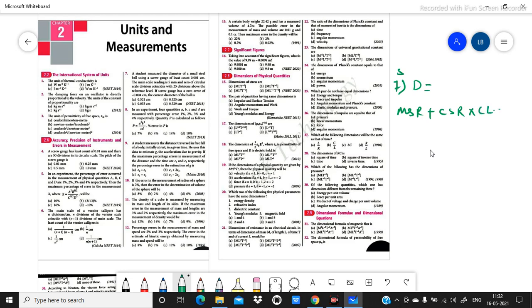Again it is a formula: main scale reading plus circular scale reading into least count, minus zero error. All are given here. If I'm not wrong, everything is given. So I'm just going on putting all these values.